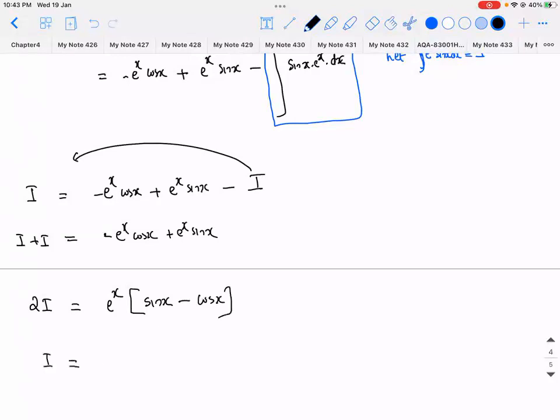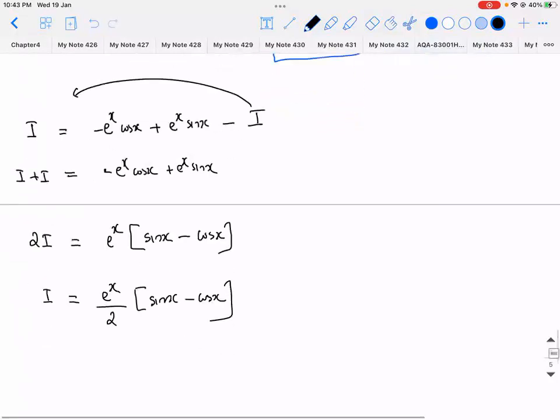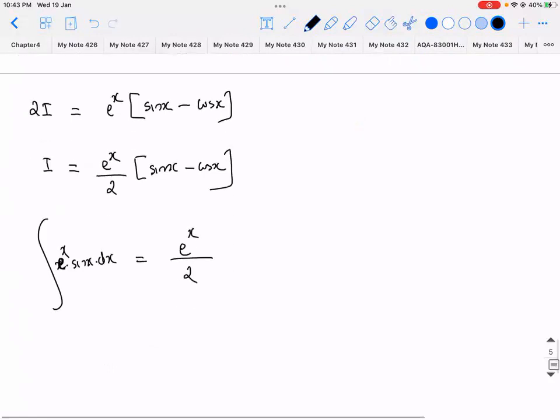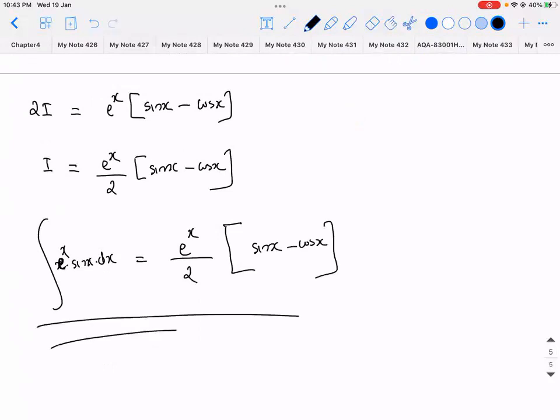Therefore I is equal to e raised to x by 2 times sin x minus cos x. So the answer for this question is e raised to x over 2 multiplied with sin x minus cos x.